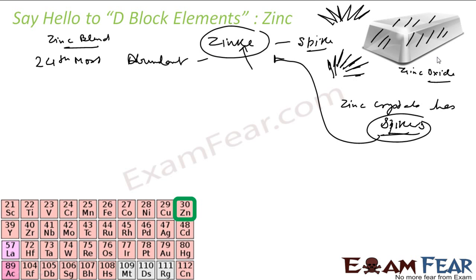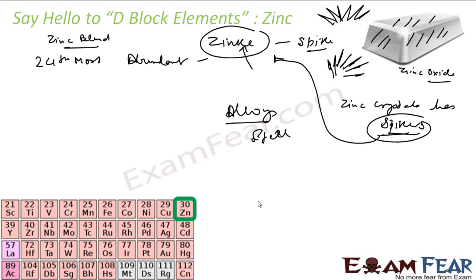We use zinc to manufacture utensils. Zinc is also used to create alloys. In steel also zinc is used, right? In solder, that is used for soldering electrical equipment, circuits, there also zinc is used.